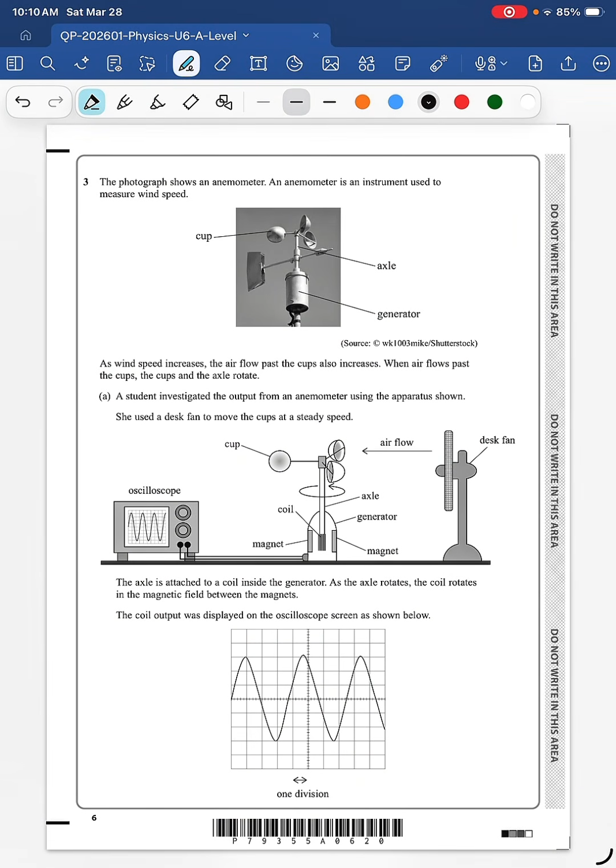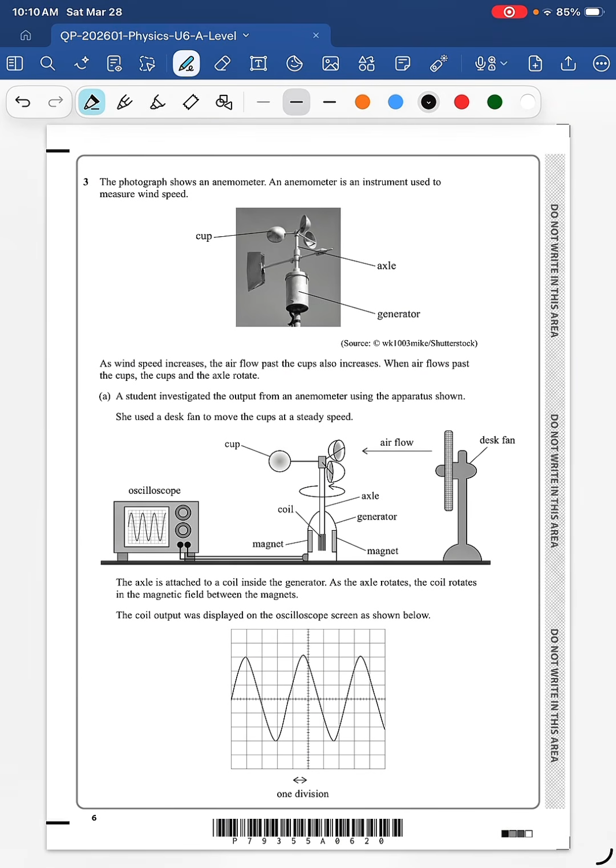Okay, the photograph shows an anemometer. Anemos, by the way, in Greek means wind. Okay, so an anemometer is an instrument used to measure wind speed. As wind speed increases, the airflow past the cups also increases. When air flows past the cups, the axle rotates.